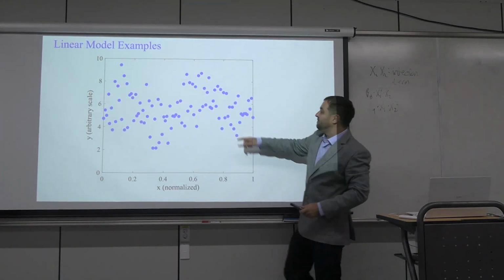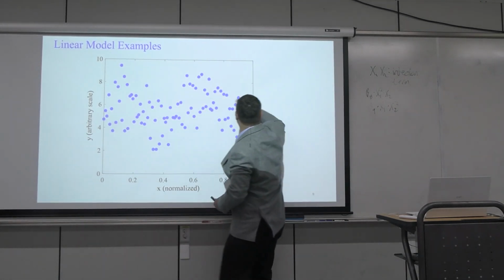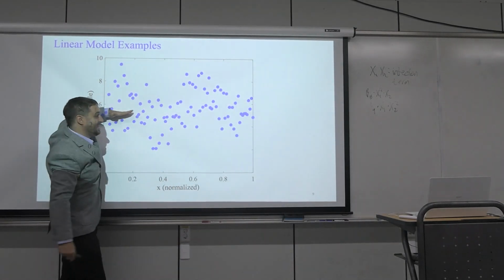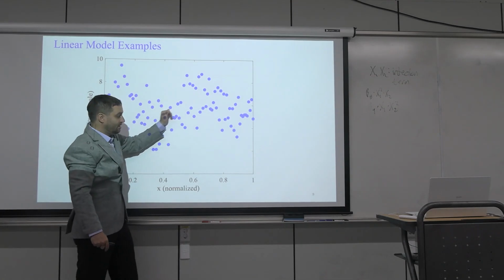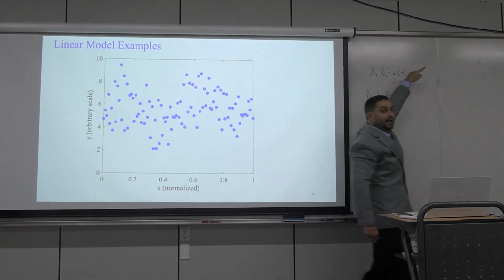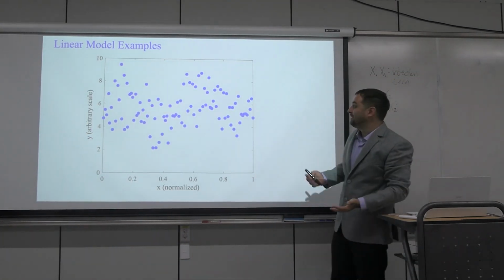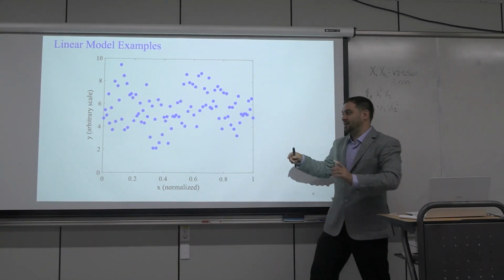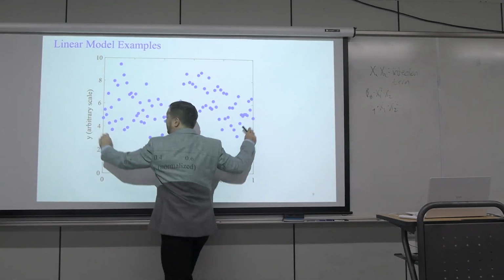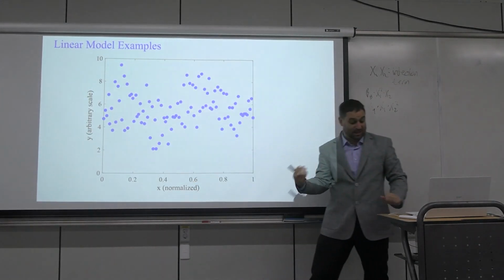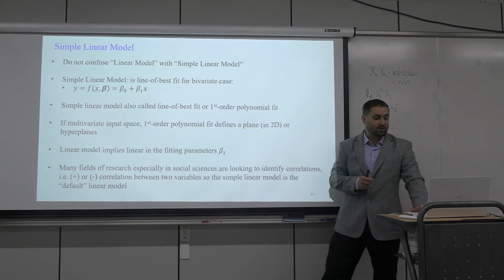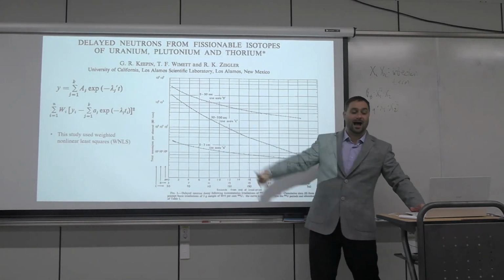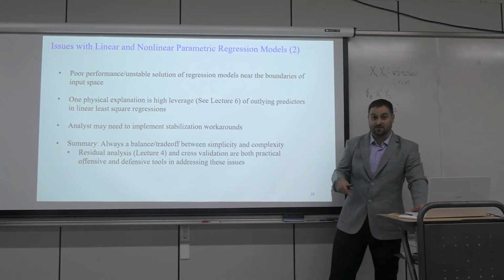If we did some sort of sine wave, it will keep going. Or if we just did a simple linear fit, the linear fit will keep going out of the frame. It will keep increasing. So the regression model will give you an answer, but it's outside of the range of your sample data. You need to be very careful if you're extrapolating outside of the boundaries of your data set.